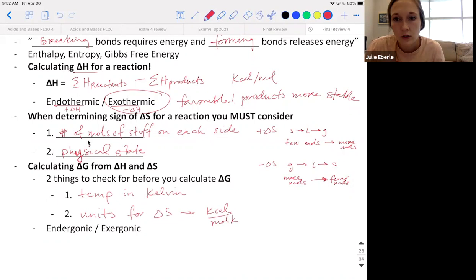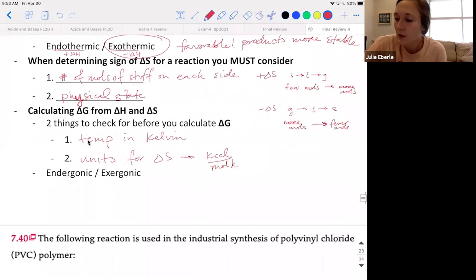Usually you're given units for delta S in calories or joules. You need to convert them to kcals or kilojoules, depending on what your unit for your delta H is. All right, now when we do that, remember the equation is delta G equals delta H minus T delta S.